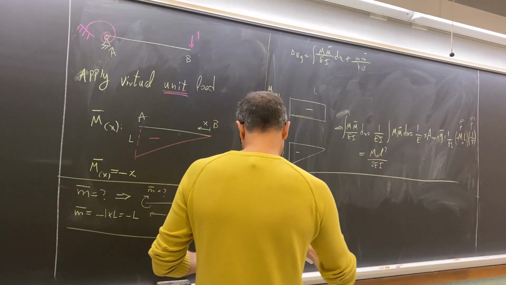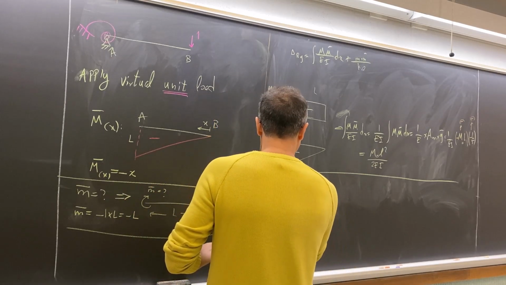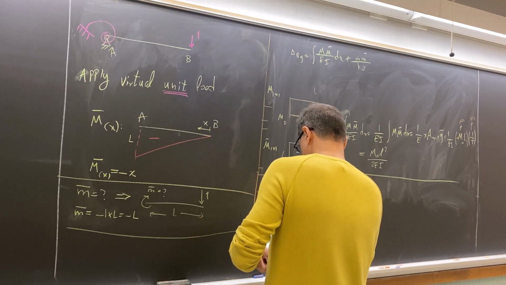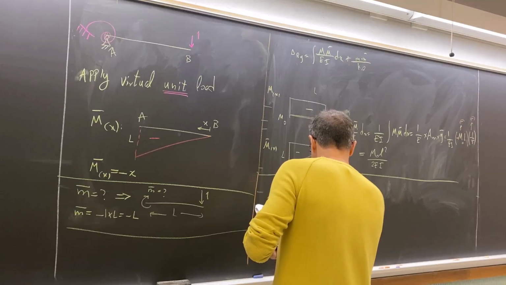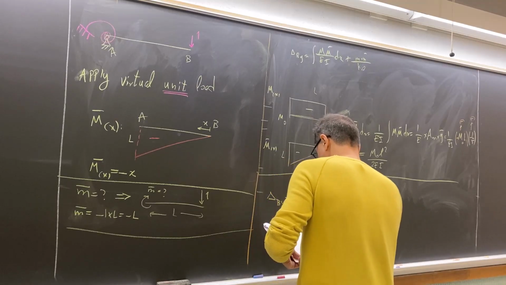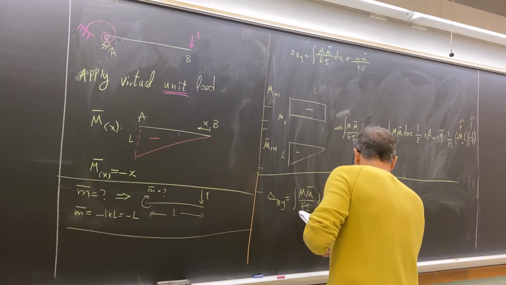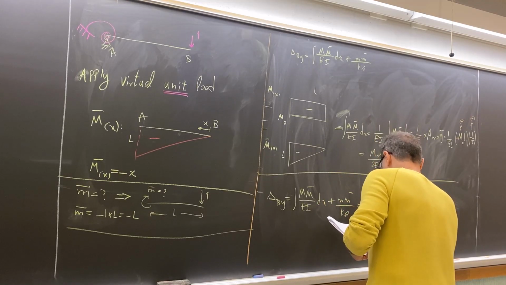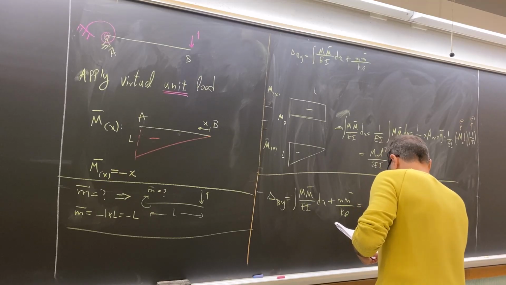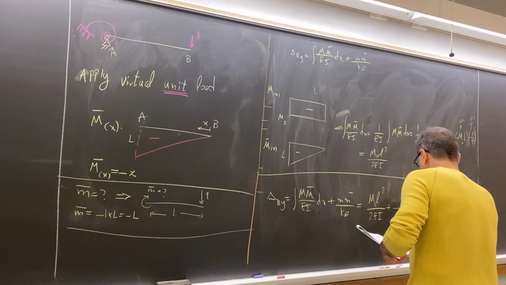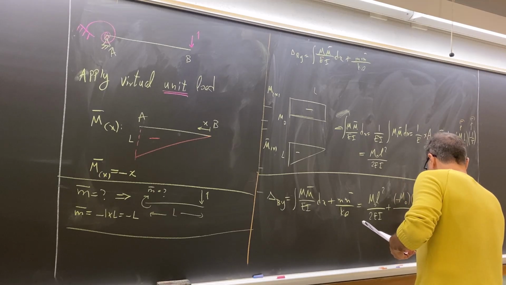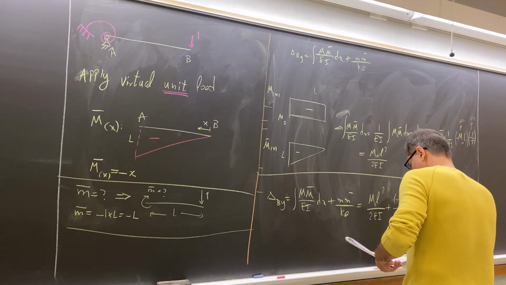And so now I write the equation. Delta By is the integral, plus m, negative, this one also negative.